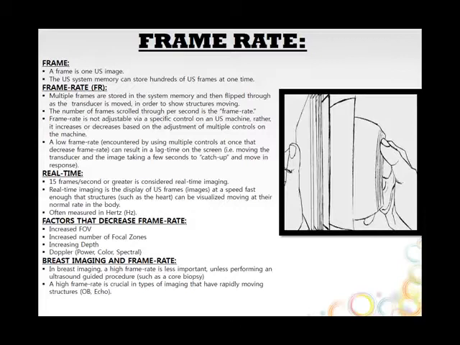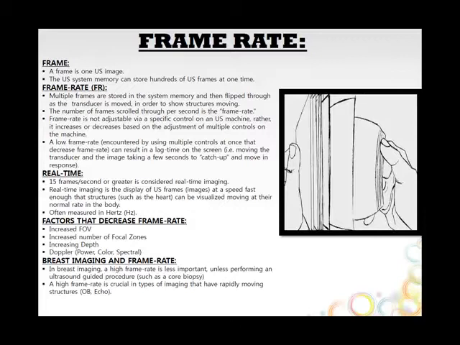When we're traveling in real time, it means when we're moving the transducer, what we're looking at on the screen moves at a rate, such as the heart beating, as it would seem to be moving at its normal rate in the body. So we're keeping in time, real time, with how that structure is really moving. Often frame rate is measured in hertz. So it's advantageous to have a high frame rate because you like to see structures moving as you move in the body.